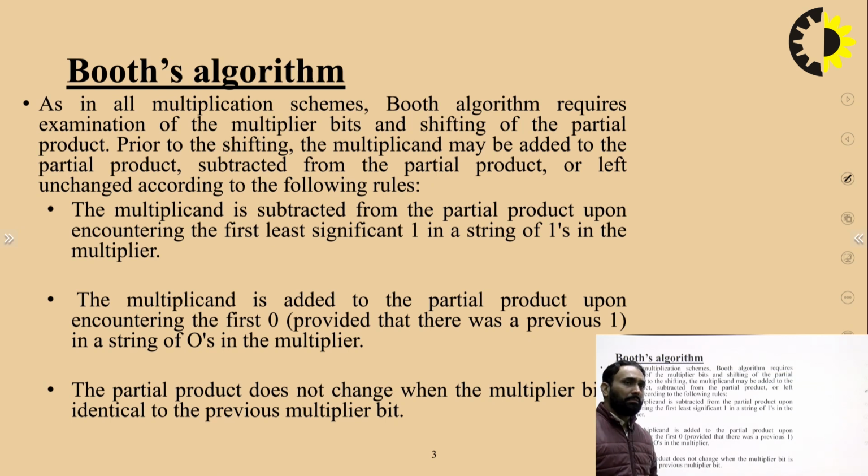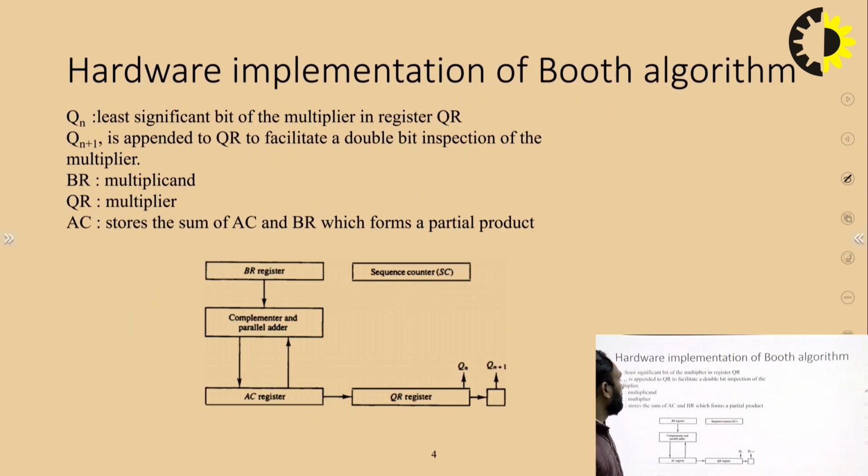All this theory concludes into a flowchart that gives the overview of how multiplication is performed using Booth algorithm. So now we will take the flowchart.